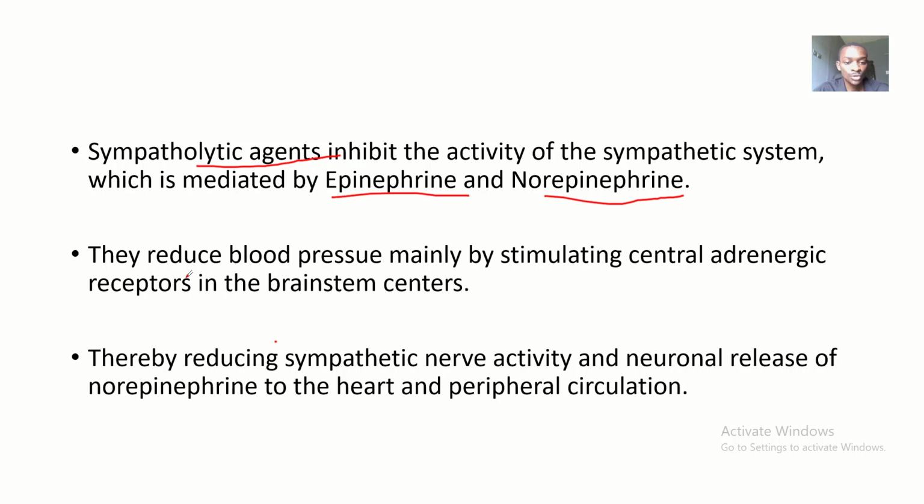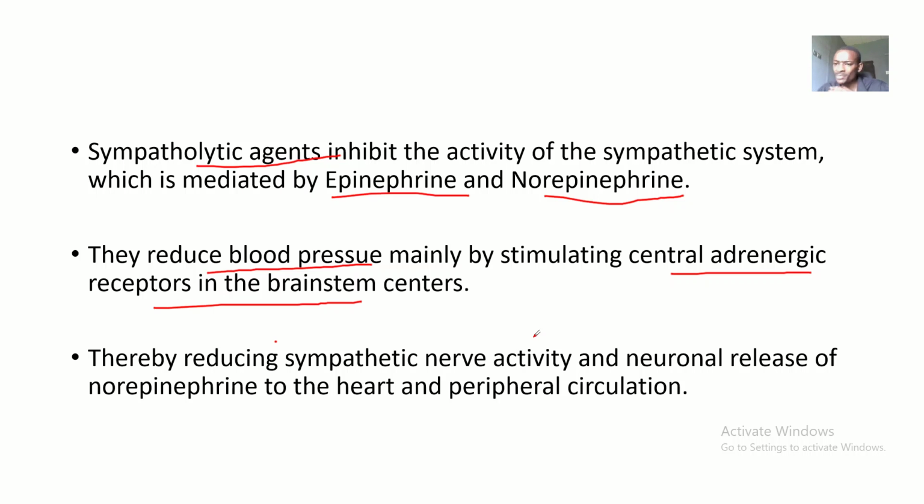So these sympatholytic agents reduce blood pressure mainly by stimulating central adrenergic receptors in the brainstem. These adrenergic receptors are receptors that the norepinephrine and the epinephrine come to bind.